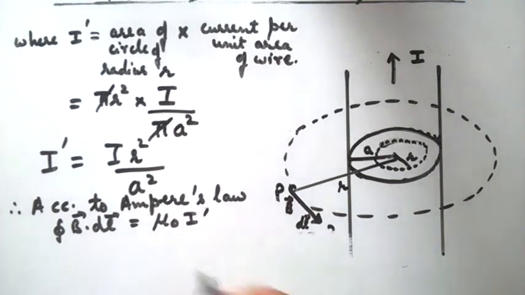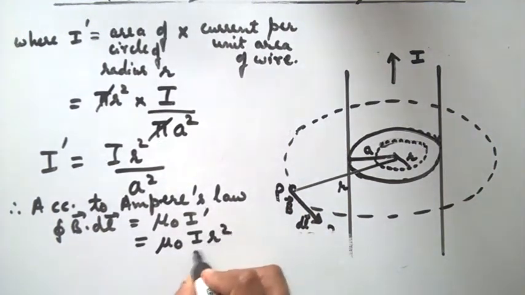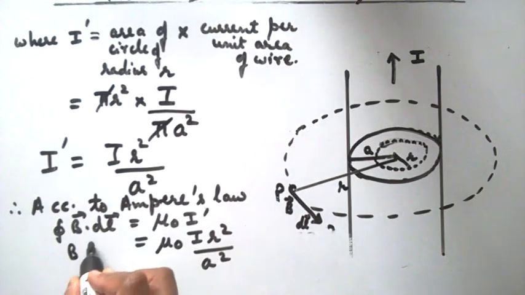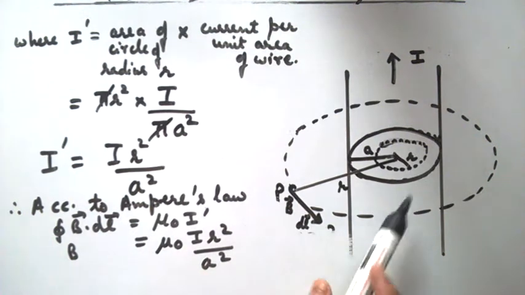Now we will substitute the value of I dash, that is I r square by a square. It is equal to B dl cos 0 degree, dl is equal to 2 pi r.